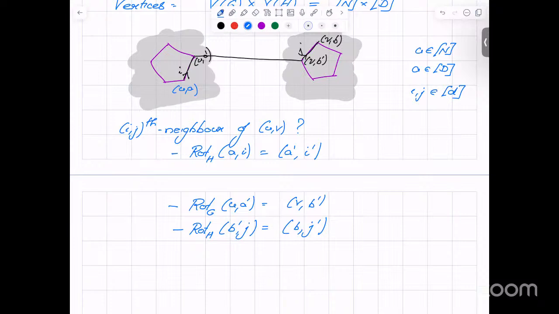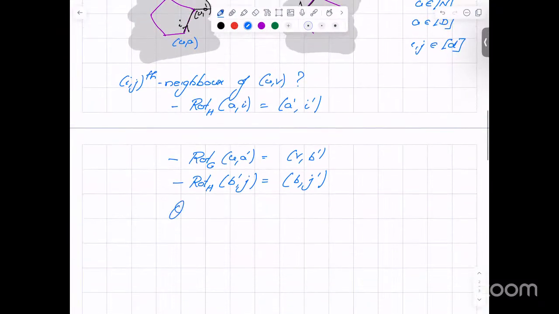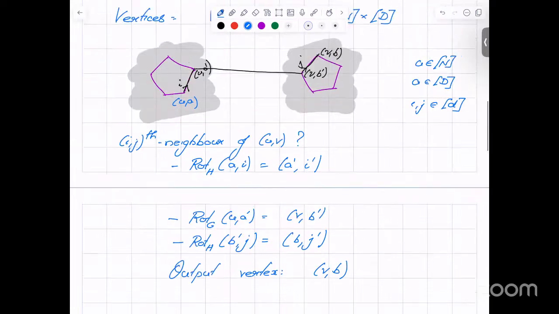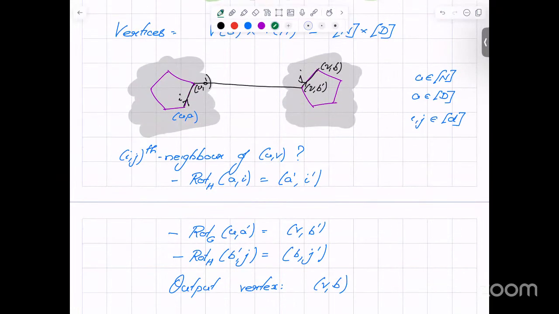So the output vertex is B comma B. That's the edge. And this edge is labeled by I comma J, because if you take the ij step, that's how you walk.